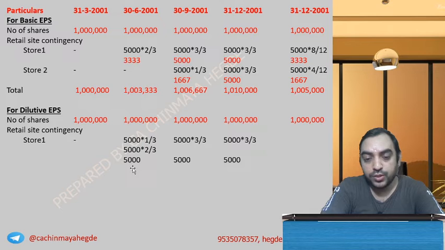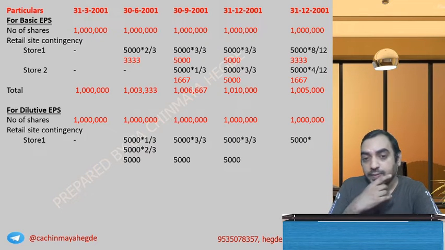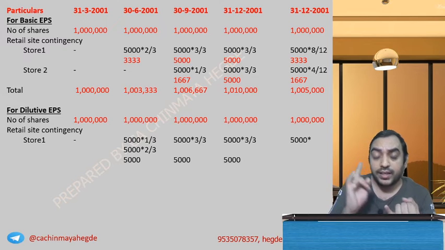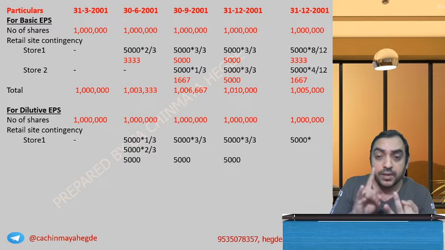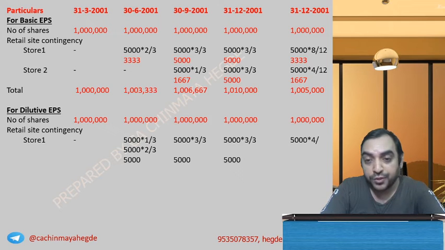And here how do you do? 5,000 into, initially you take it, in the sense up to the date of issue. For how many months? Don't take 1 month. You should take from the beginning, in the sense Jan, Feb, March, April, 4 months. 5,000 into 4 by 12, and the remaining 8 months you take into 8 by 12.